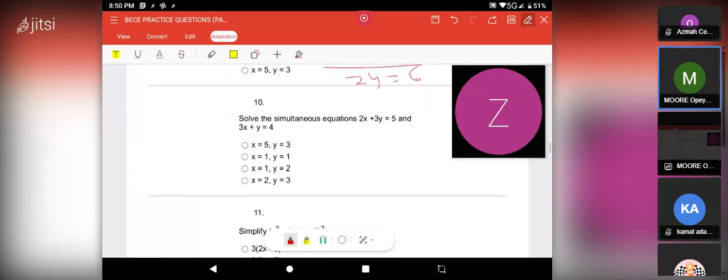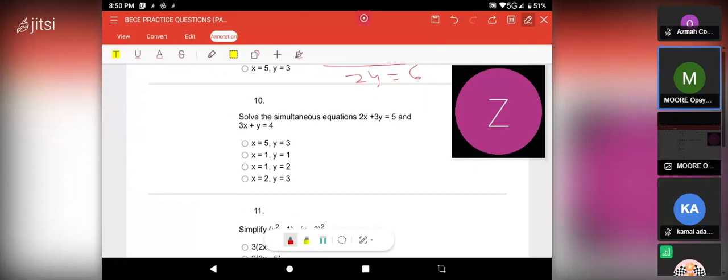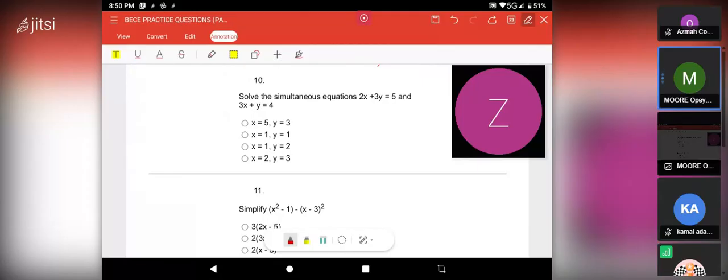Yes, sir. Solve the simultaneous equations 2x plus 3y equals 5 and 3x plus y equals 4. Okay, so to solve this, we'll also try to make the coefficient of a variable the same.